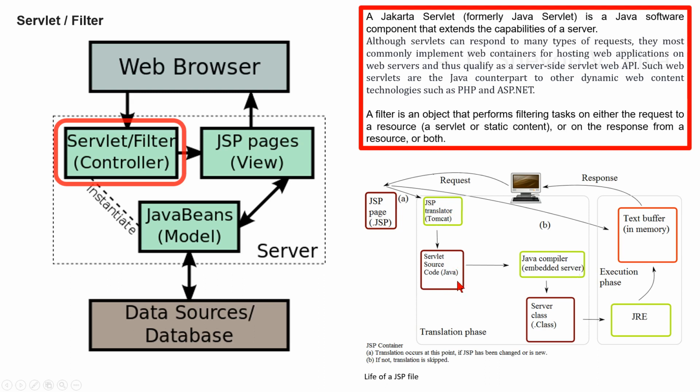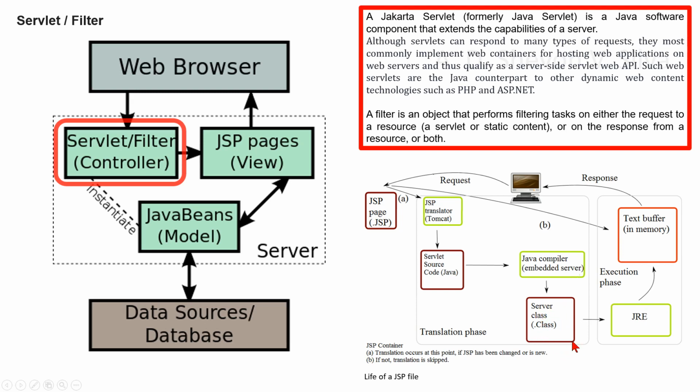And the JSP translator is connected to the servlet source code, Java. Servlet source code is connected to the Java compiler embedded in the server. The Java compiler is connected to the Java server class, .class.